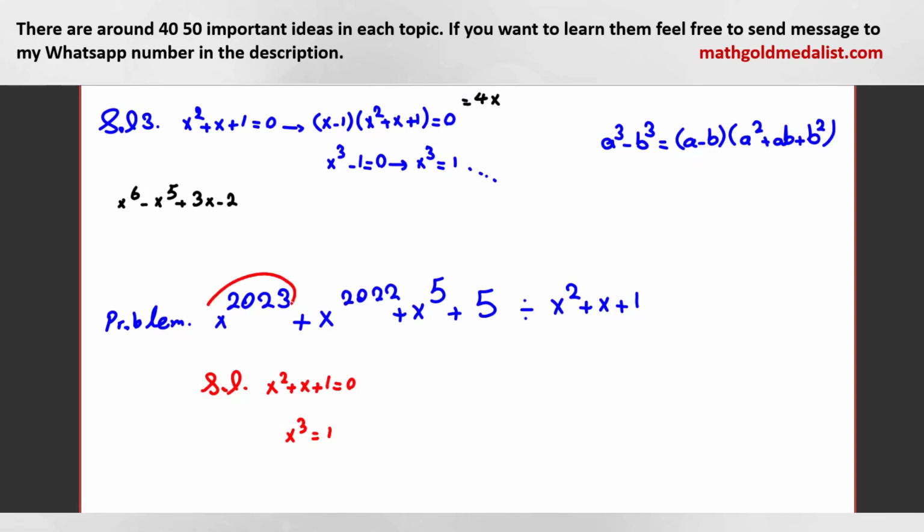So you say, okay, x to the 2023 is equal to, suppose it is p of x, and p of x is equal to x to the what if you simplify this?